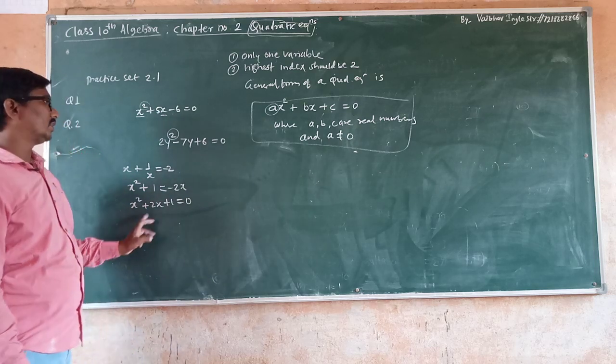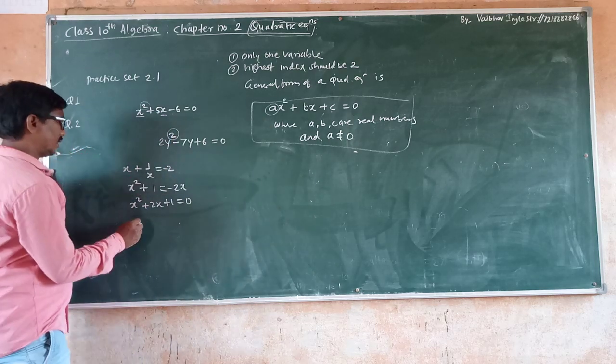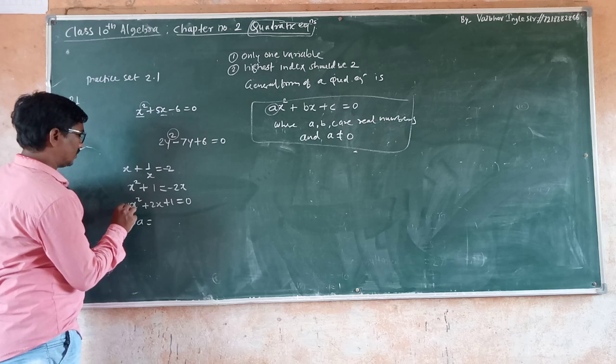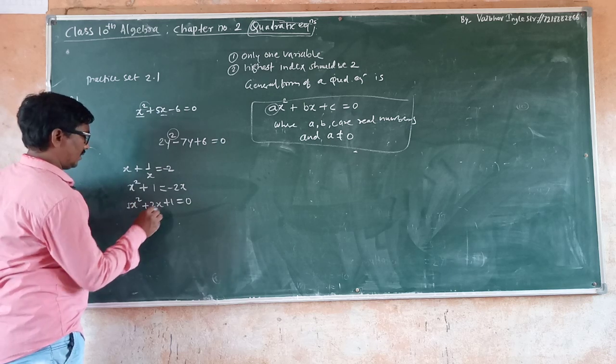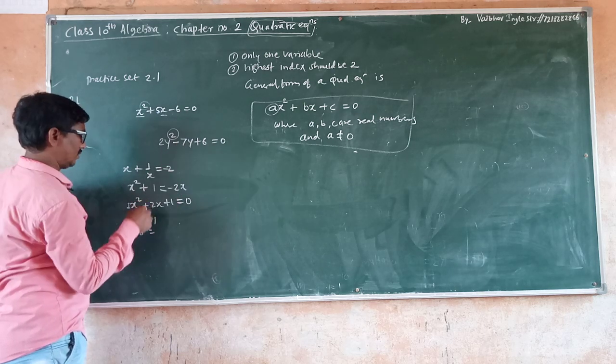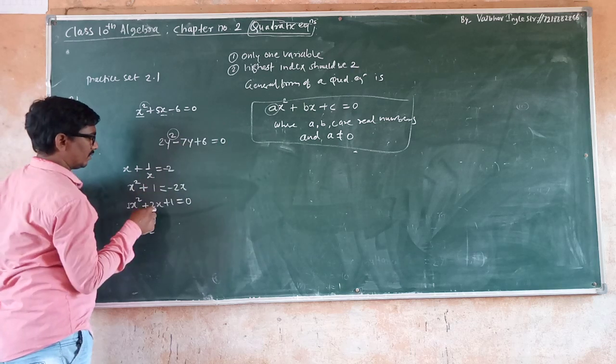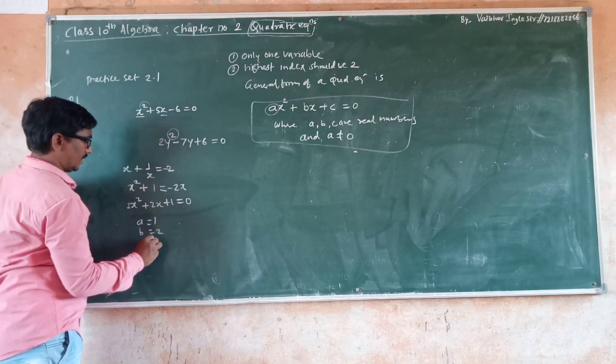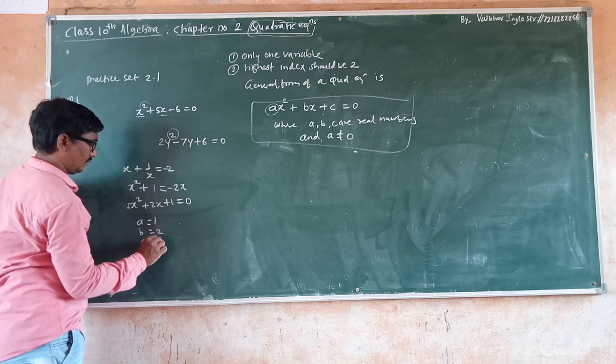Okay, by comparing with the general form of equation, you can write here a is equal to the coefficient of x square, and that is 1. Here b is equal to 2 and c is equal to 1.